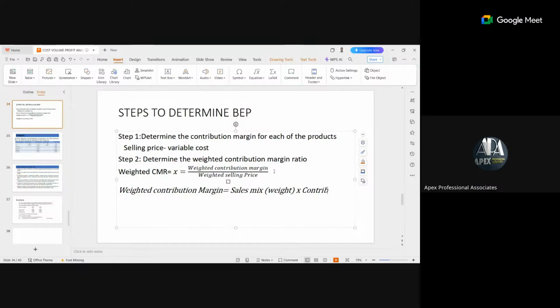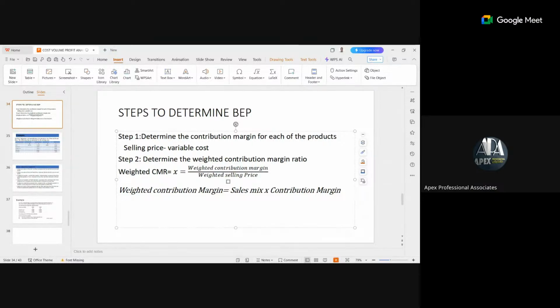Multiply by contribution margin. That is how to determine your weighted contribution margin. I believe you should know how to determine contribution margin. I've been saying that over time.